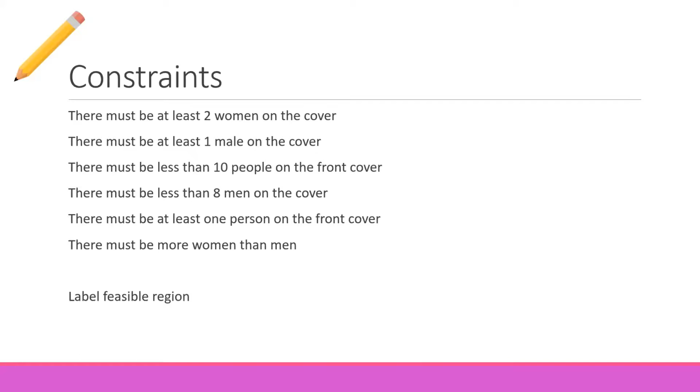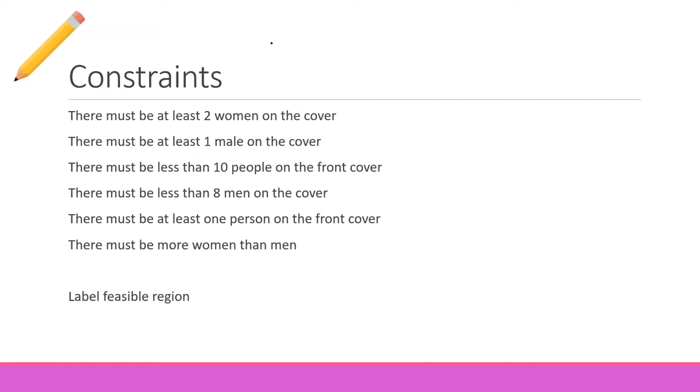So how do we turn all of these weird constraints into a graph? Well, what we could do is use two variables.